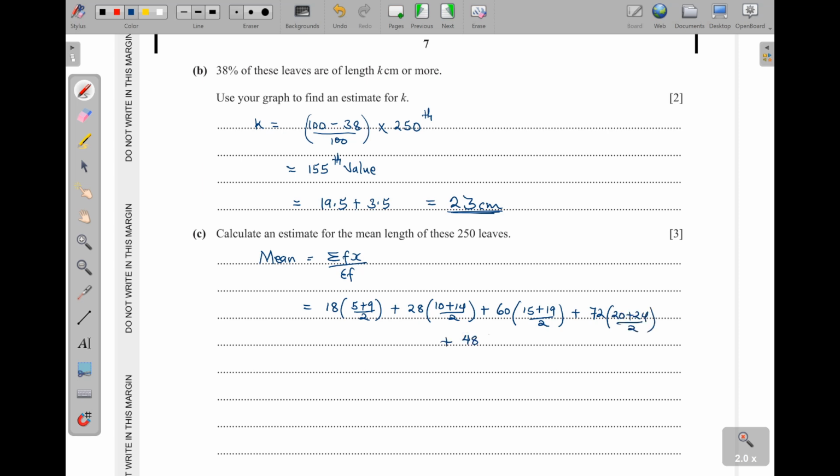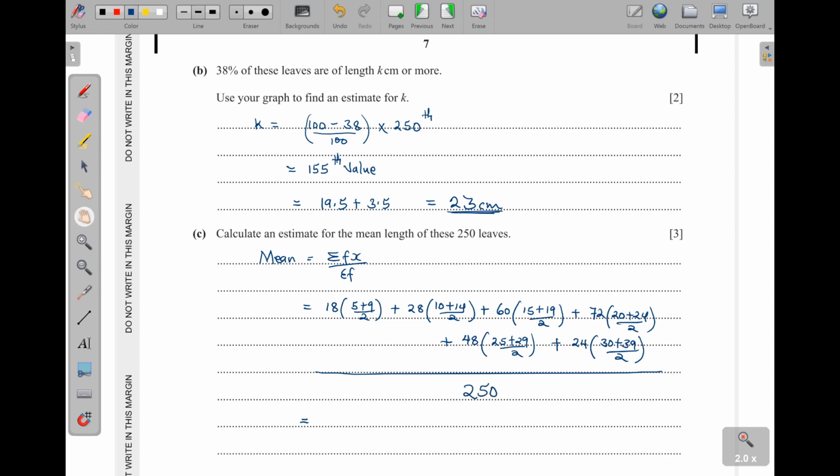We have 48 into 25 plus 29 over 2. And then 24 into 30 plus 34, actually it is 39, over 2. Then from there, we divide by the summation of f, which is actually 250.